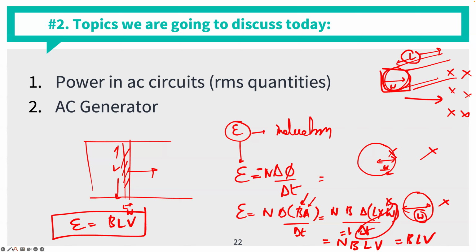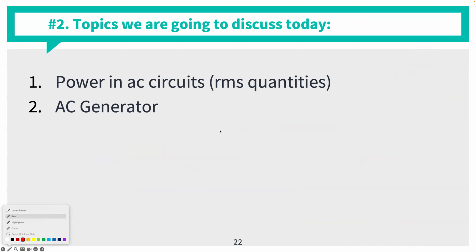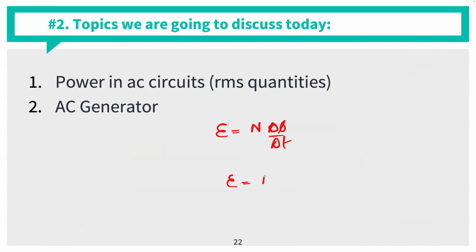Okay, this is one formula. Or we can also derive it like this. Since we have written EMF as N delta phi by delta T, whereas in calculus we write N into d phi by dt, what is phi? It is BA cos theta, right?